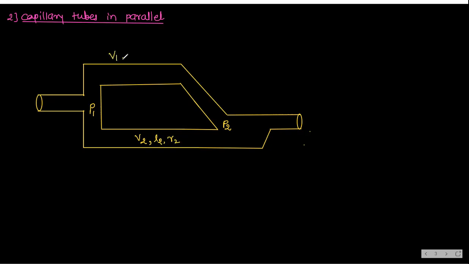Here it is V1, length is L1, and radius is R1. And this is what fluid is flowing through this.